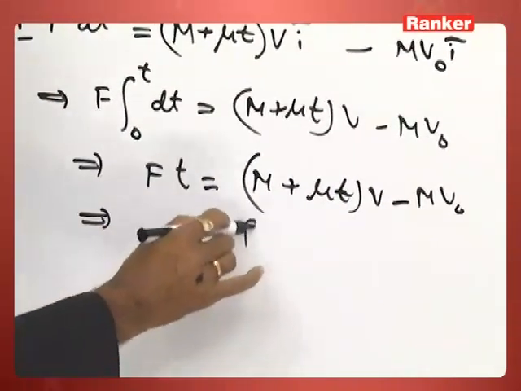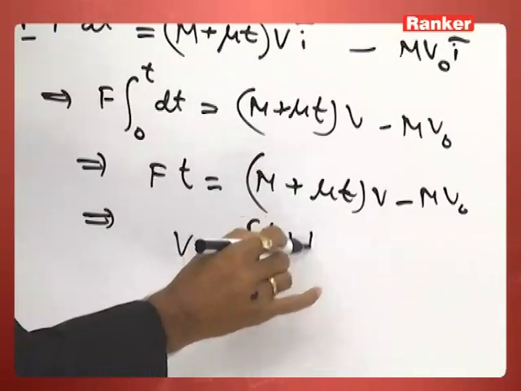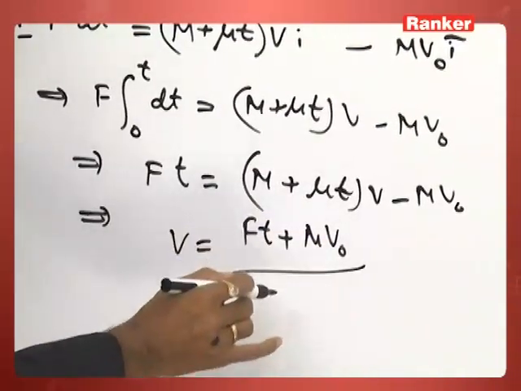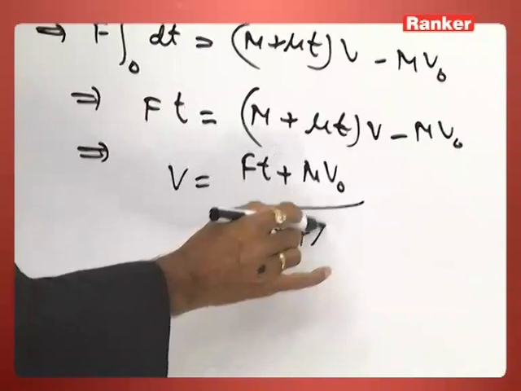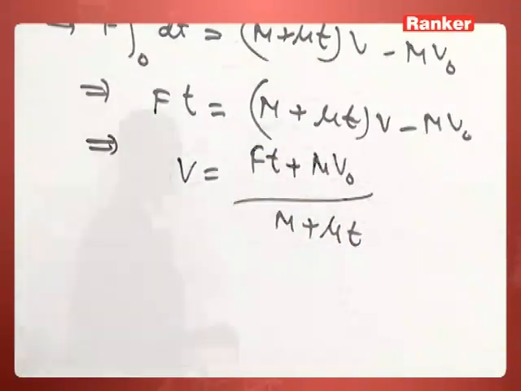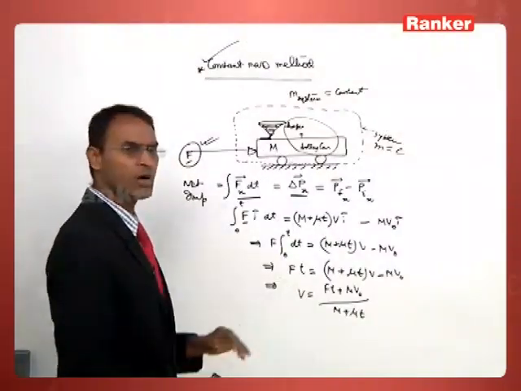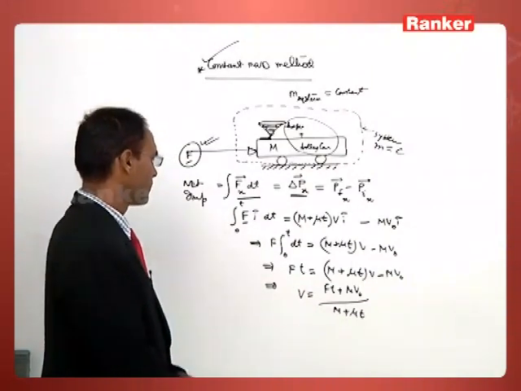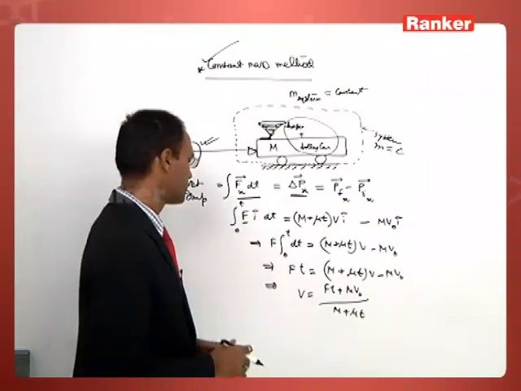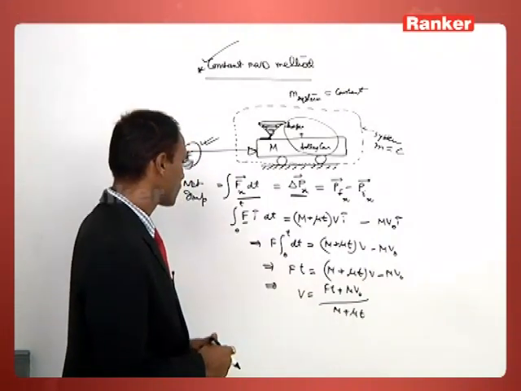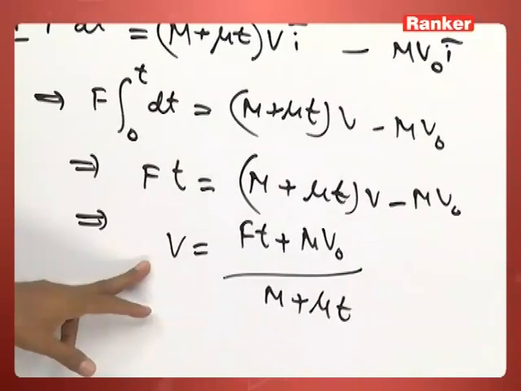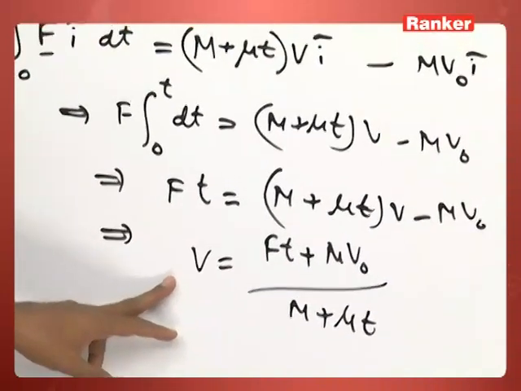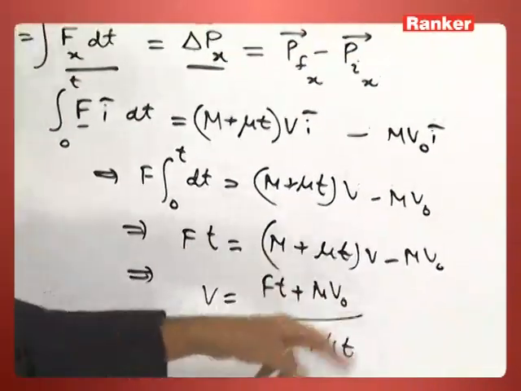Finally, you are getting the result v equals F t plus m v naught by m plus mu t. Same result we got in the previous procedure. There we got the velocity, exactly same quantity.